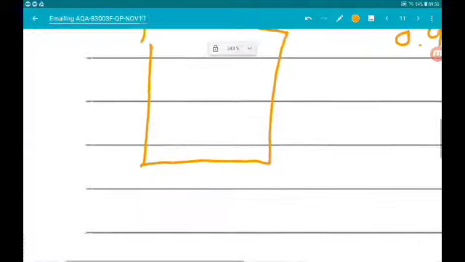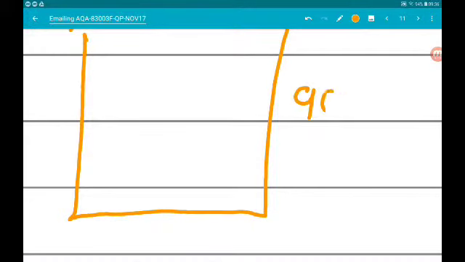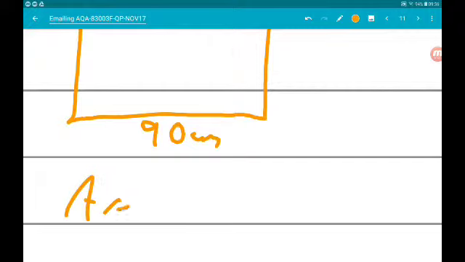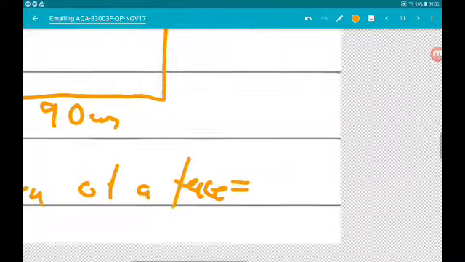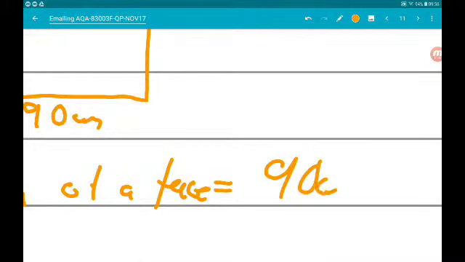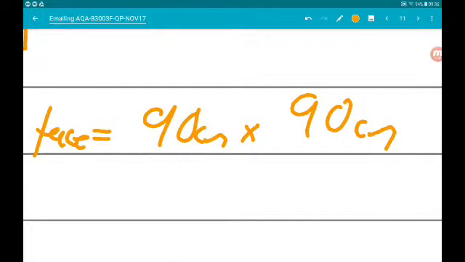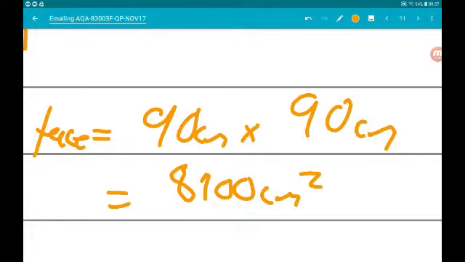centimeters. So the area of one of the faces is 90. So area of a face is 90 centimeters times 90 centimeters. Now that's going to give us 8,100 centimeters squared.